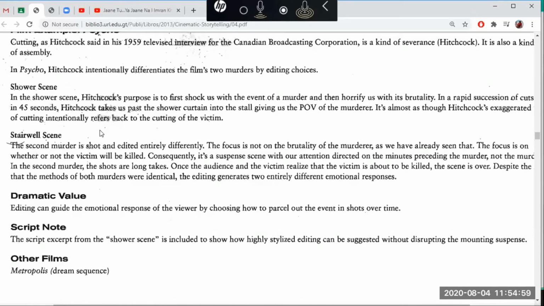So for showing two murders, Hitchcock did not use similar kind of situations or identical environment, right? So in Citizen Kane, we were looking at montages that were showing identical environment.